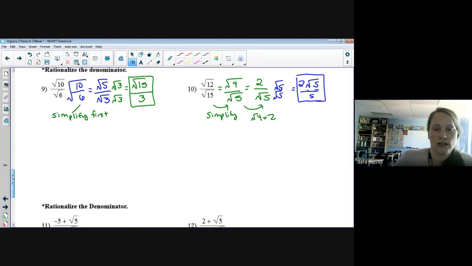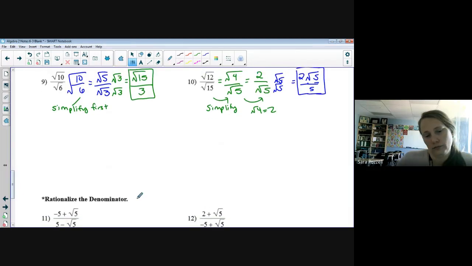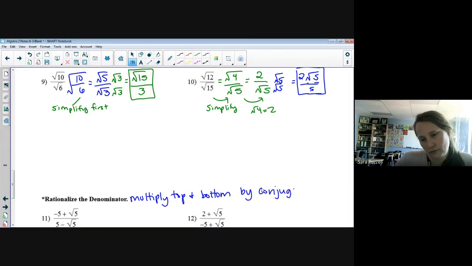That's what we're going to do on these. And the conjugate just means change the sign of the root.